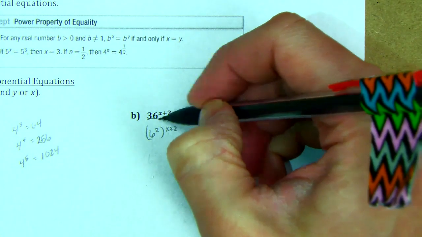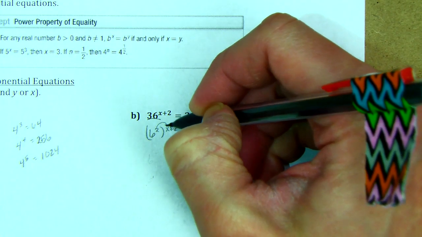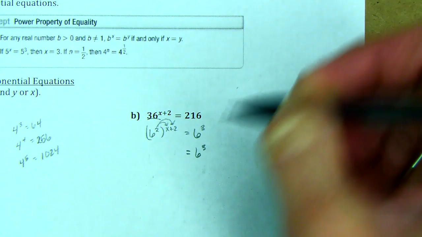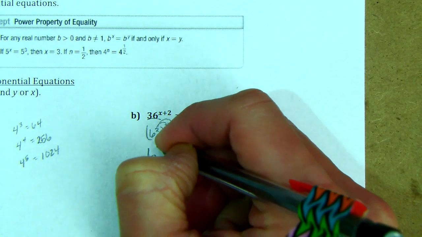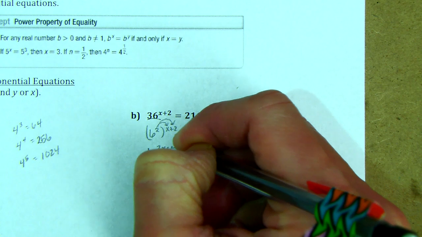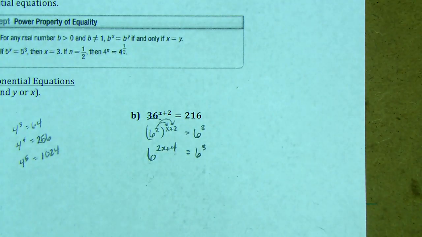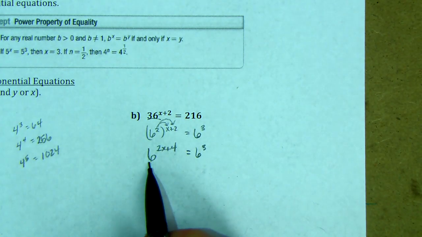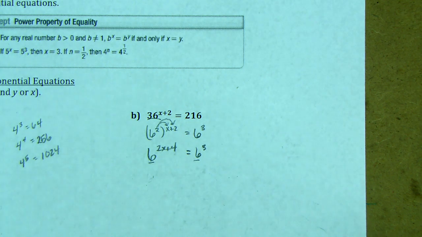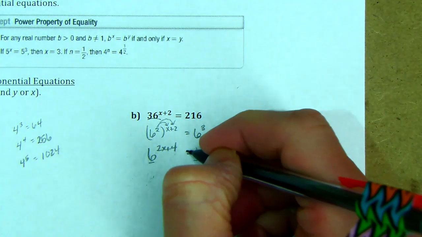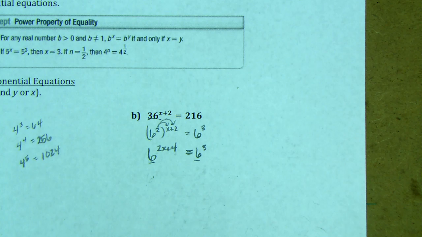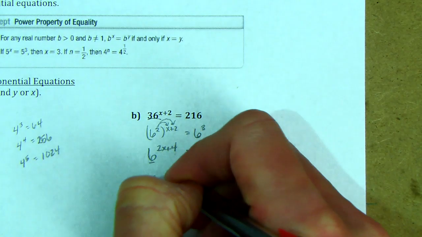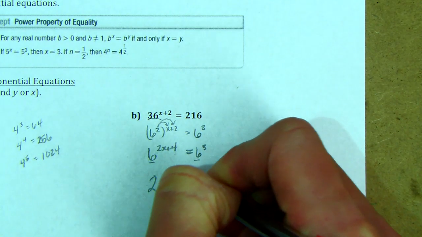Now, when we multiply, we have to actually distribute this to both of those. So it becomes 6 to the 2x plus 4 exponent. And as long as they're both a base of 6 to a power, and they're equal, those powers have to be equal. In other words, your 2x plus 4 must equal 3.